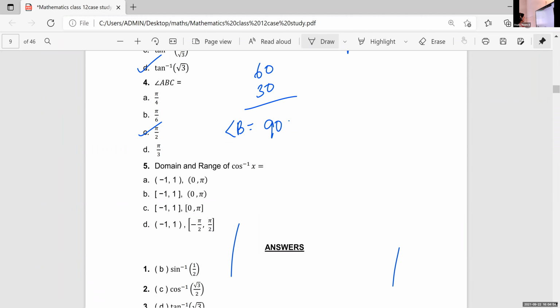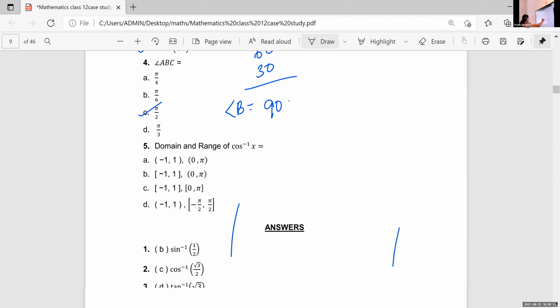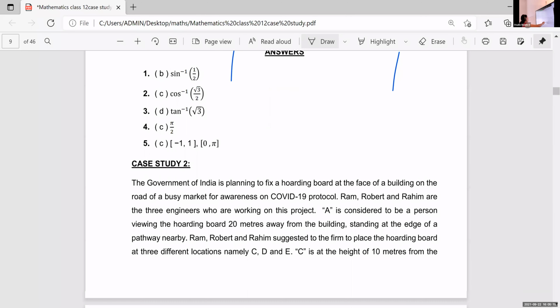What is the answer? Yesterday only we discussed what is the domain and what about the range. For cos, what is the domain? What is the minimum value it will take and what is the maximum value it will take?